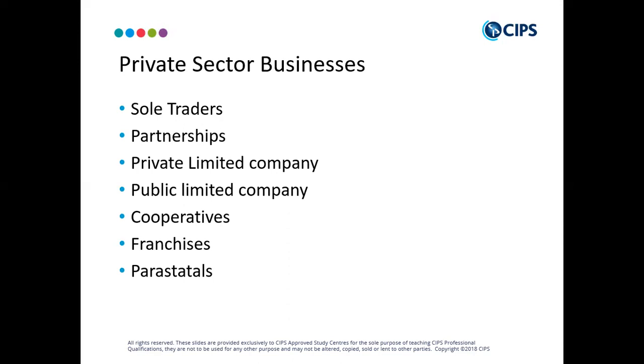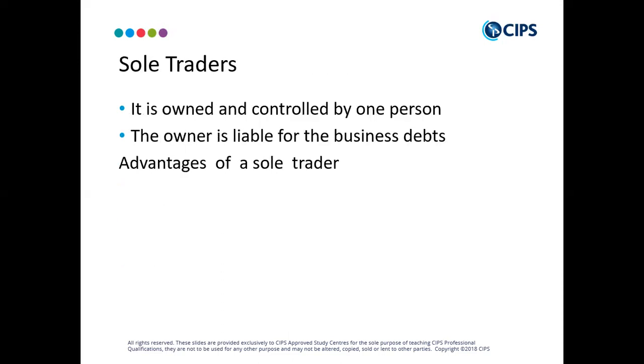If not, it's okay. You can still question me and I'll give you a brief explanation about it, but it's in these notes. We have partnerships, private limited companies, and public limited companies. And then we have cooperatives, franchises, and parastatals. If you are aware of these terminologies, they are found in the private sector. So sole traders is just one of them.